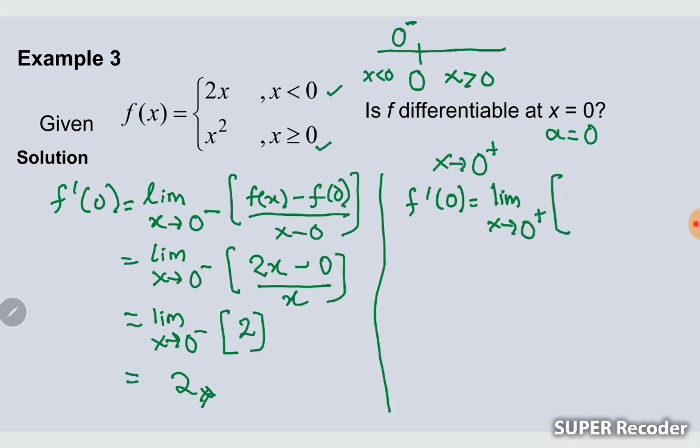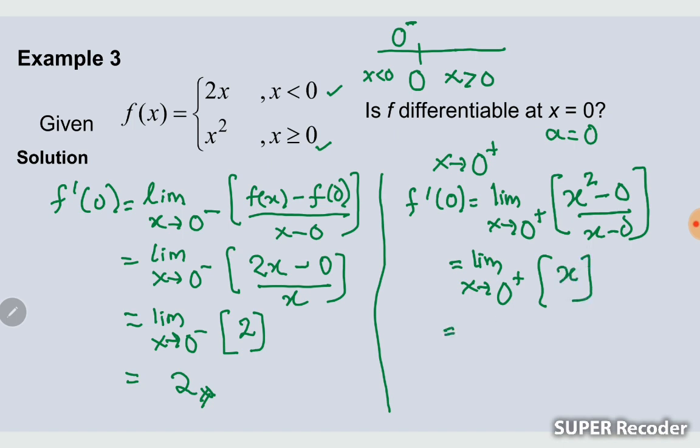The function is x squared minus 0 squared, which is 0, over x minus 0. So the limit as x approaches 0 from the right of x squared over x is x. Substituting 0 into x, the answer is 0.